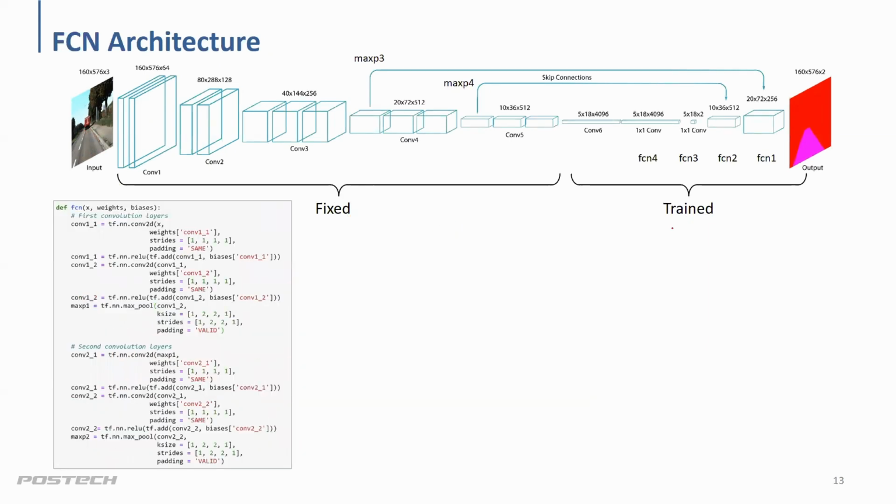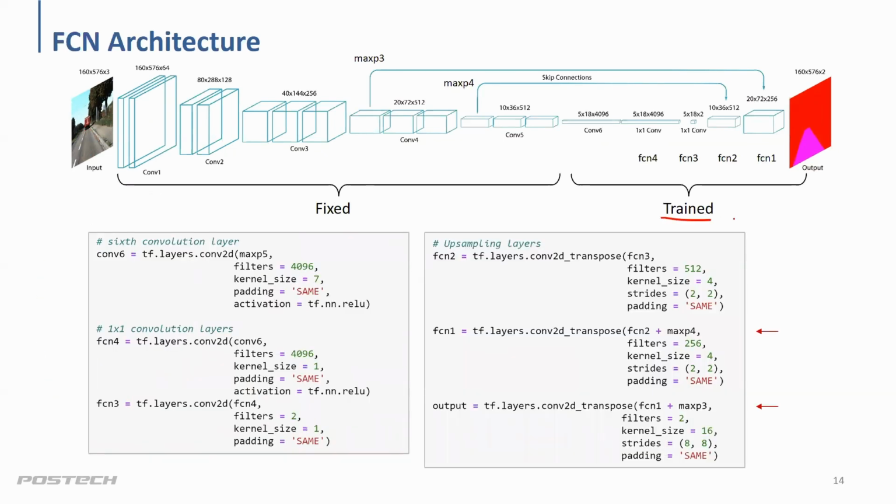This is the same structure as the CNN structure. For training, now it's conv6, then 4, 3, 2, 1 and output, and over there it's transposed, transposed and transposed.